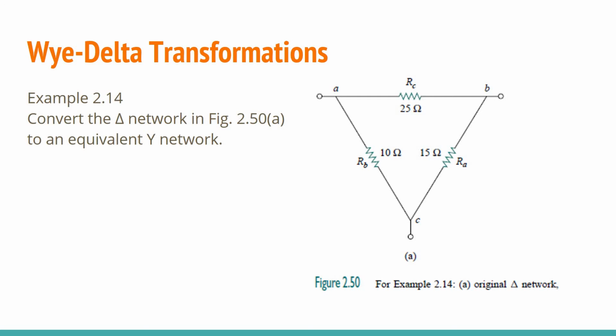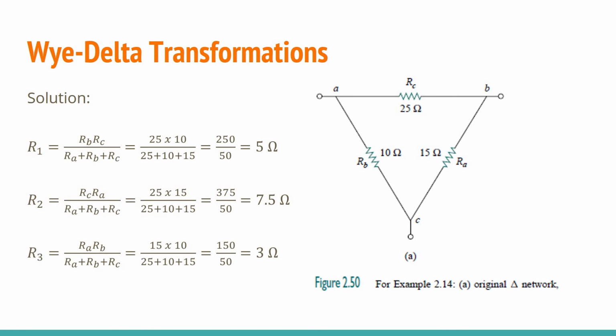Unsa man to siya? R1 is just equal to RB multiplied to RC divided by the total resistances of the delta network. Okay, so this is a solution. As you can see, RB is 25.